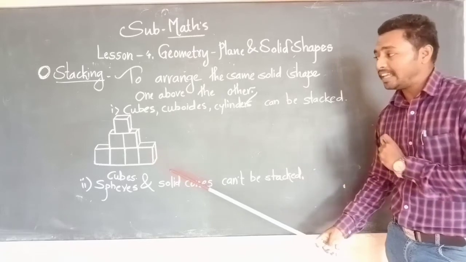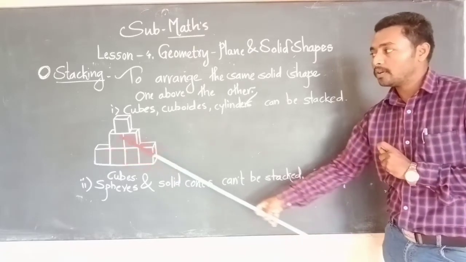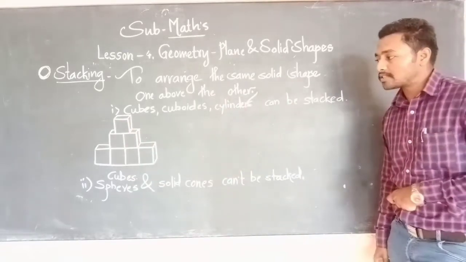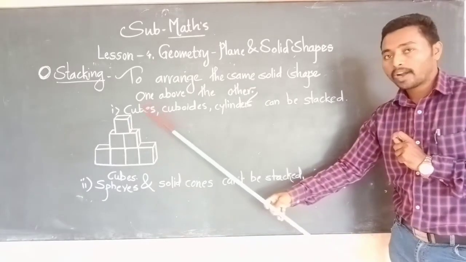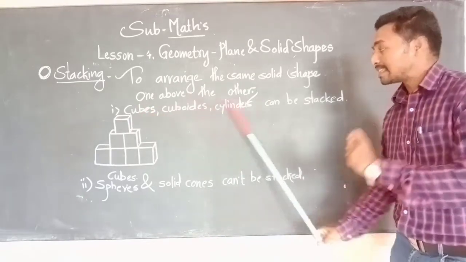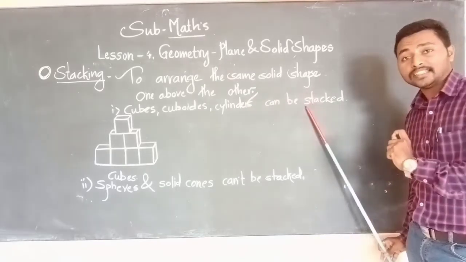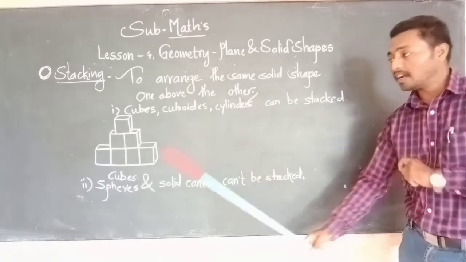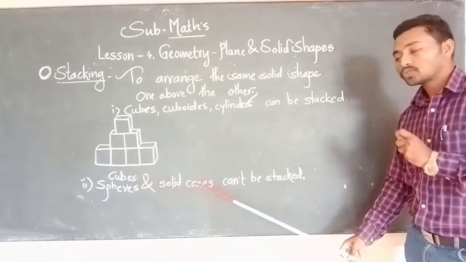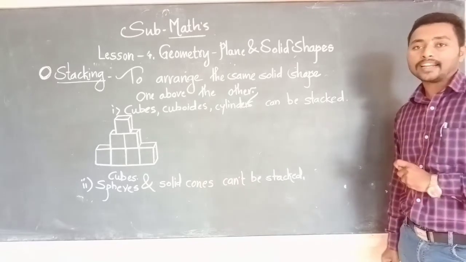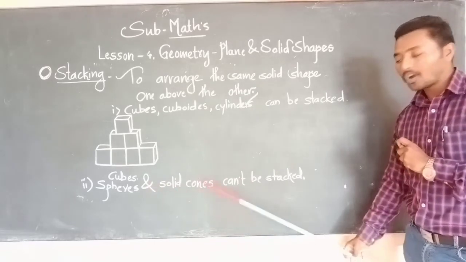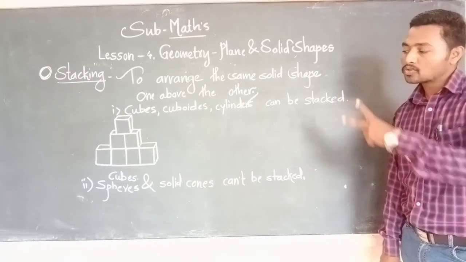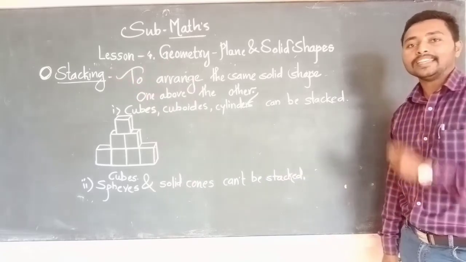I have already arranged 1, 2, 3, 4, 5, 6 and 7 cubes one above the other. Cubes, cuboids and cylinders can be stacked. But spheres and solid cones cannot be stacked. So write down the last 2 points about stacking in your notebook.